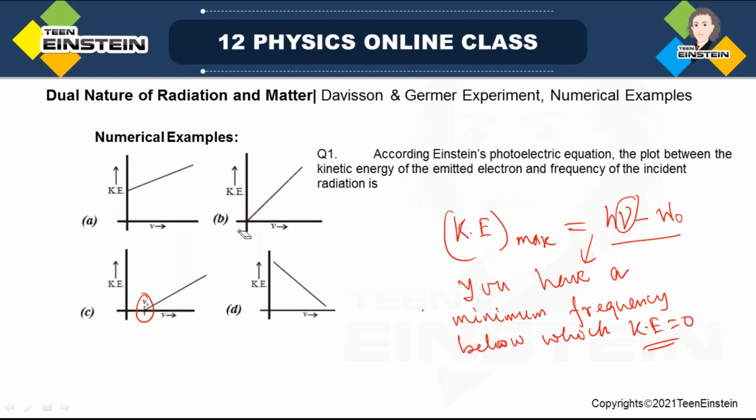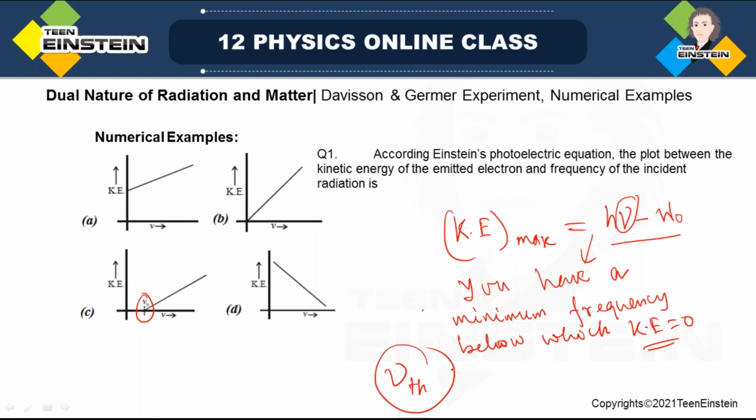Which one is saying that unless you reach a certain minimum frequency, called the threshold frequency? Here you have to remember threshold frequency. It means you are shining light on the photosensitive material, but not all frequencies of incident light will be able to make electrons come out.